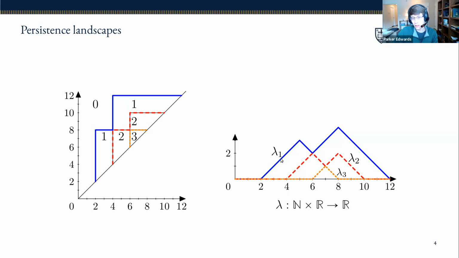So lambda 1 here is a function which traces out the part of the rank function which has at least rank 1. Lambda 2 is the outer envelope of the region that has at least rank 2, and so on. So we get this sequence of piecewise linear functions.